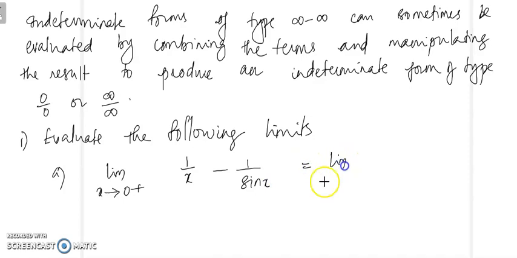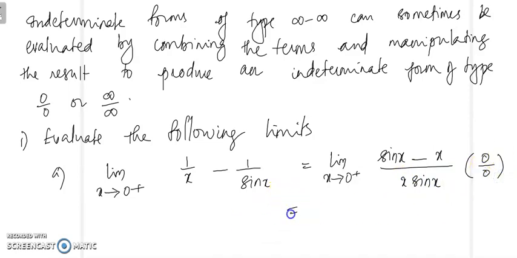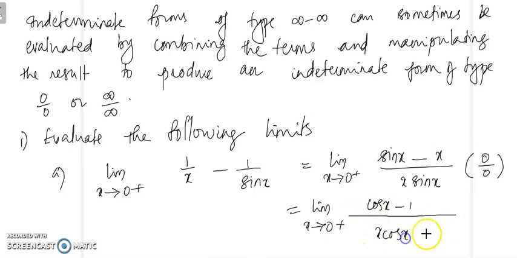So that will be limit x tends to 0 plus, so we can take the common denominator, so that will give sin x minus x by x sin x. So you can see that it is in 0 by 0 form. So upon applying the L'Hospital rule, you will get cos x minus 1 by x cos x plus sin x. So again it is in 0 by 0 form.